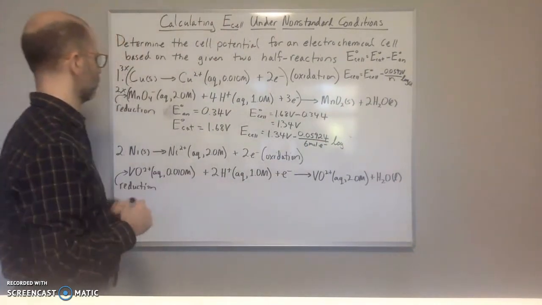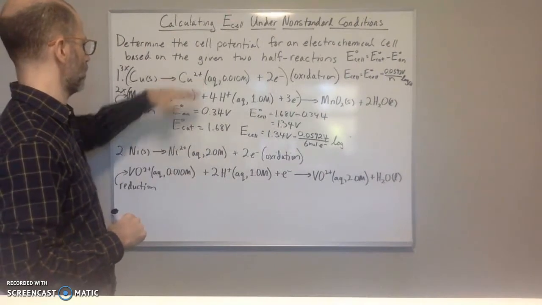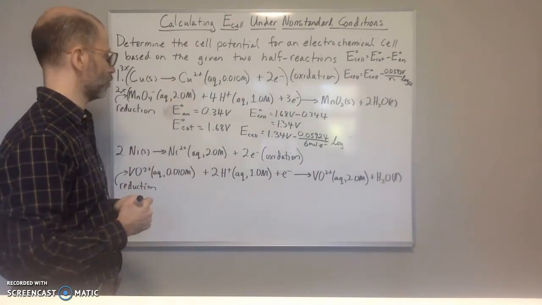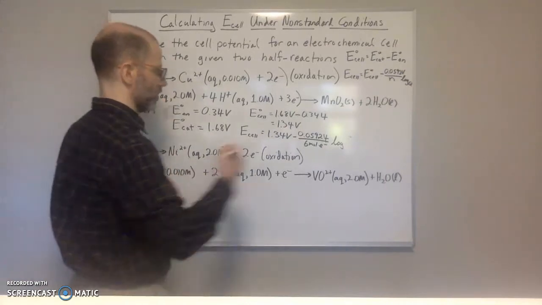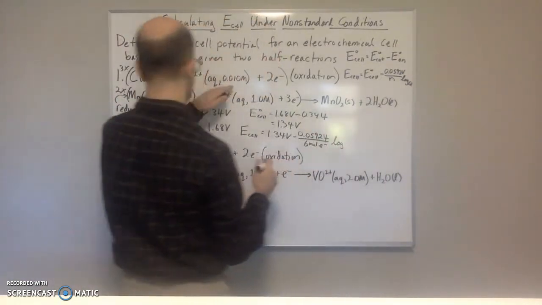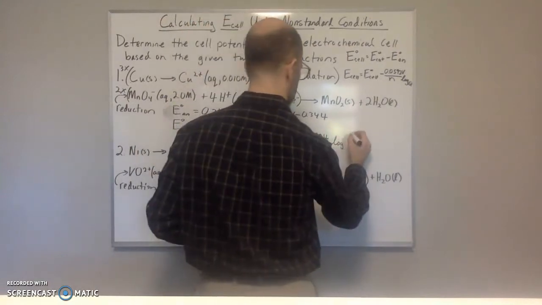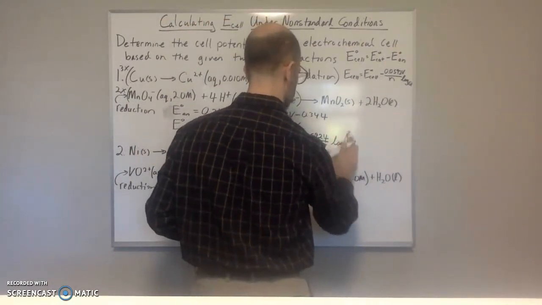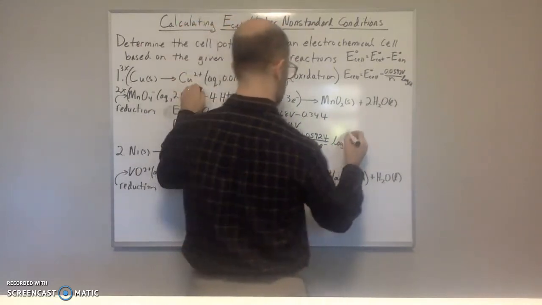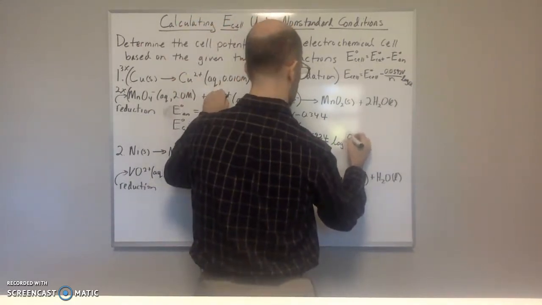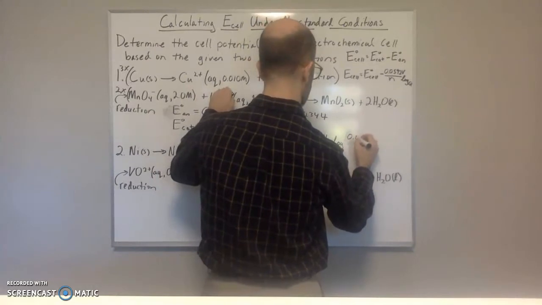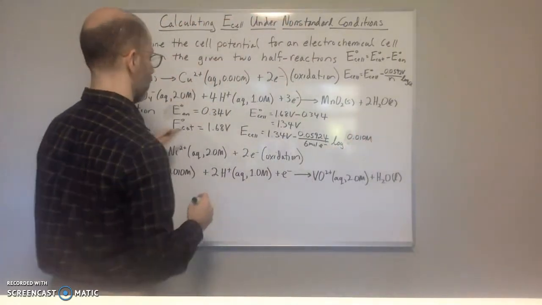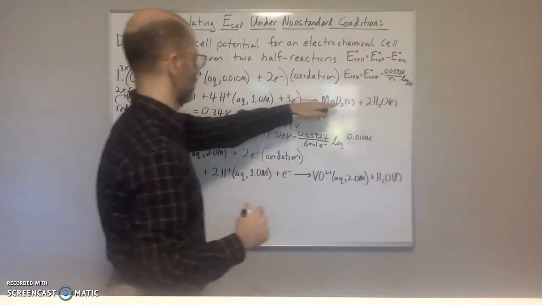For the products, we'll put in the copper 2 nitrate, so that's going to go on top. That's going to be the concentration of copper 2, which is 0.010 molar. And that's it for the products.